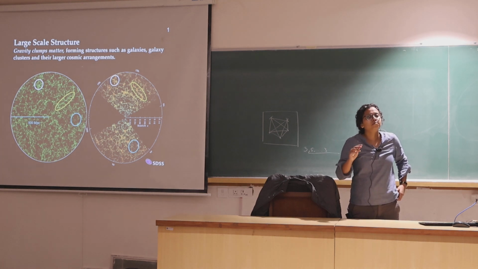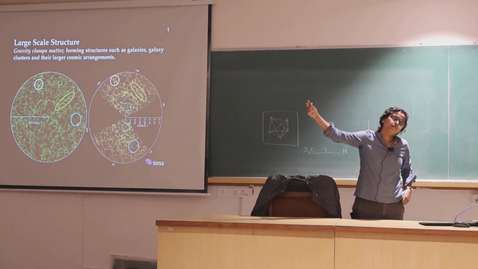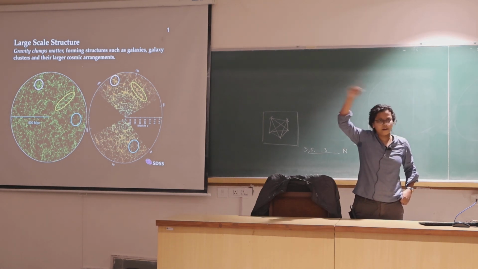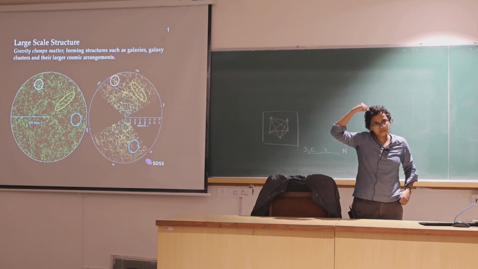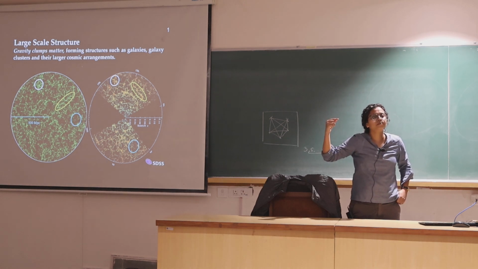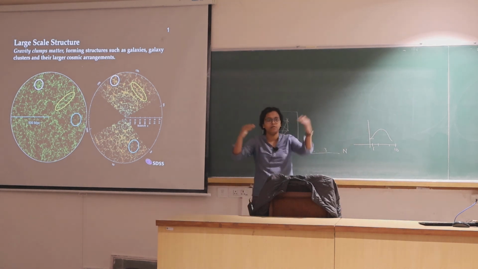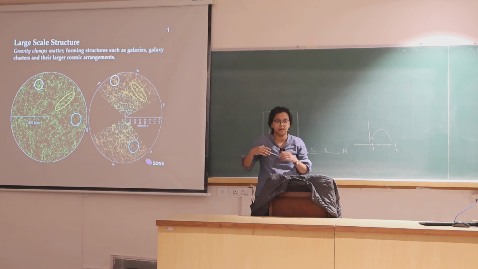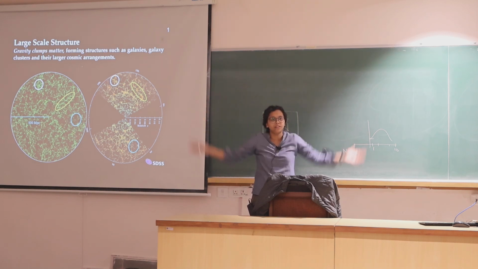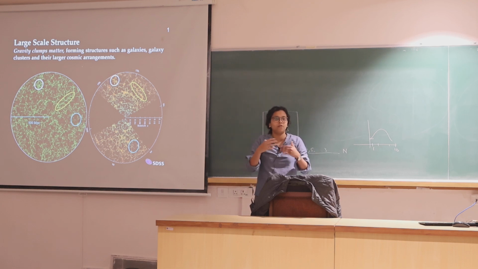Like if our Milky Way galaxy is taken as the center, and we take a sphere of some distance, every galaxy that comes into the sphere is counted and plotted here. So for us observing, if we do not have the distance data, everything is on the same celestial sphere, right? We don't have information about distance.